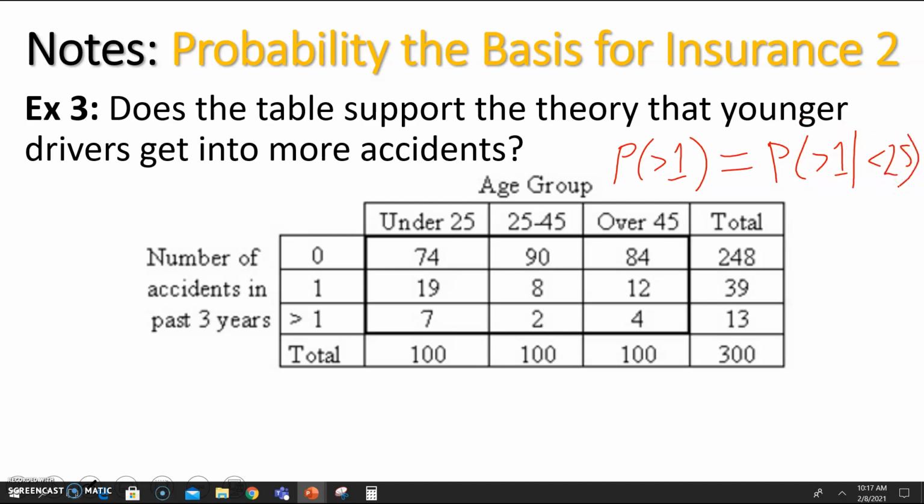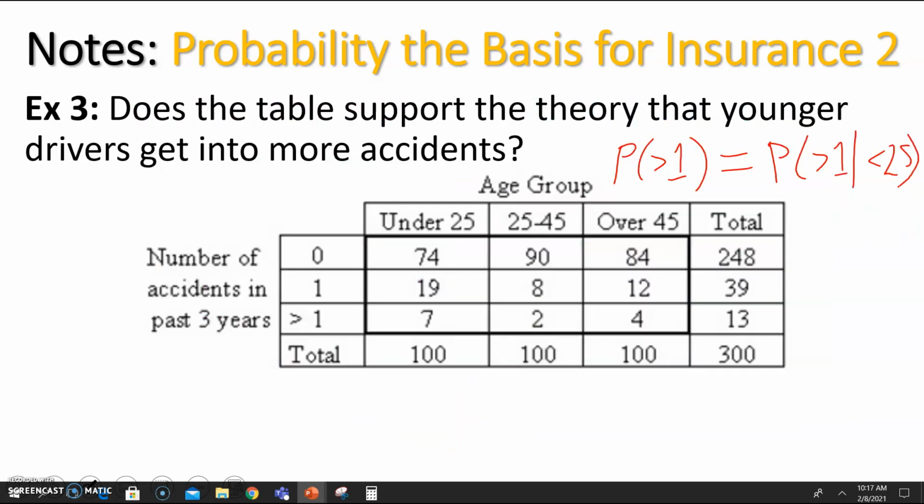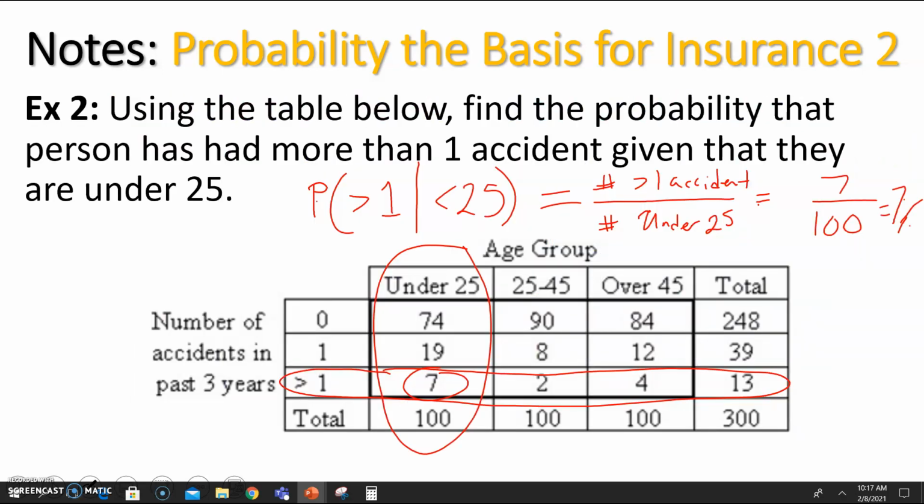Right? So if we look back to example 1, we already found the probability of more than one accident. We saw that that was 4.3%. So this here is 4.3%. And the probability of getting in more than one accident being under 25 was 7%.